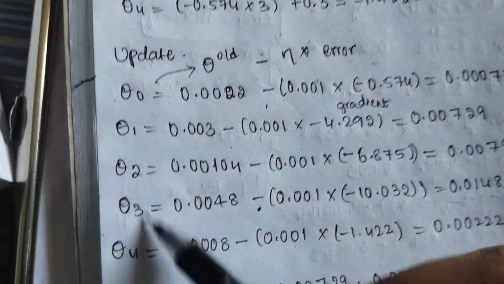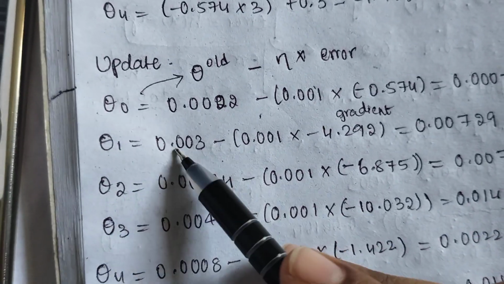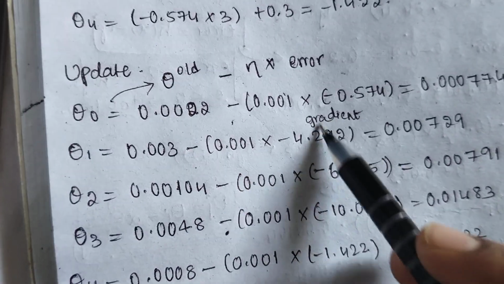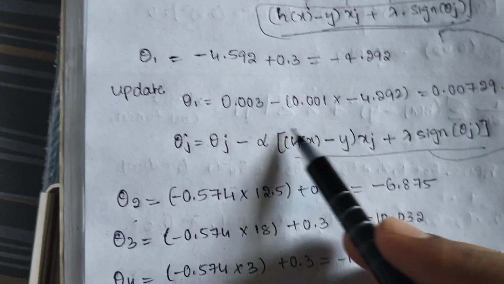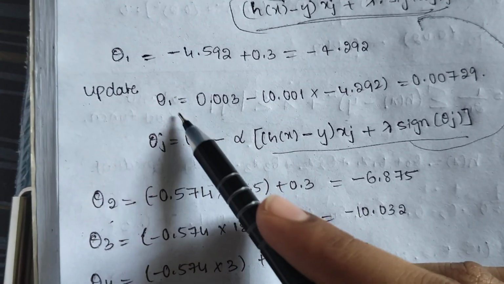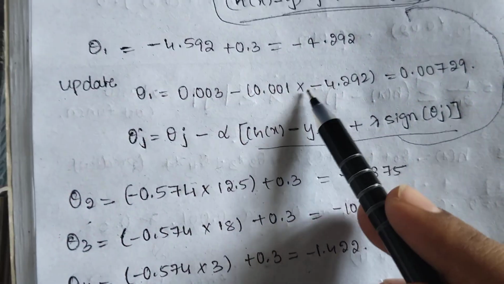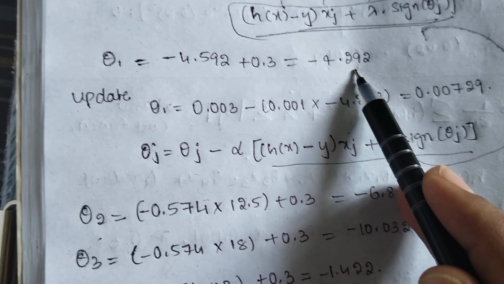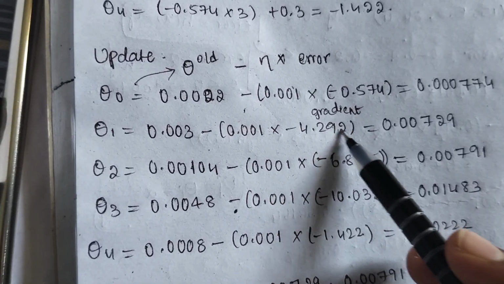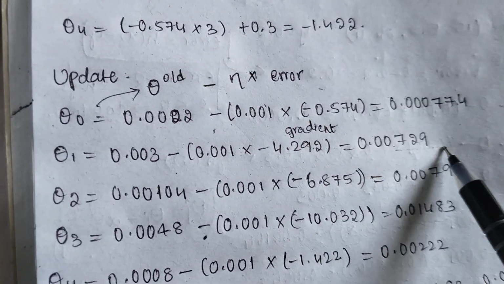For the other weights, we have used the old weight minus eta into the gradient that we have calculated. Like you can see here, the theta 1 gradient was minus 4.292, so the same thing we have considered, minus 4.292. We got this one.